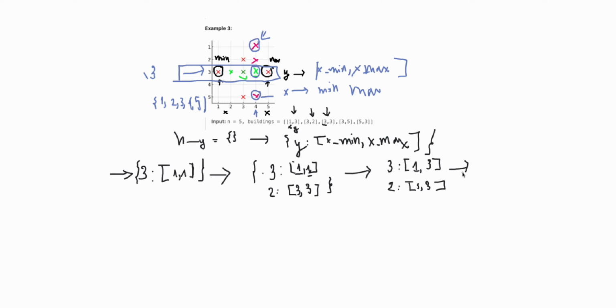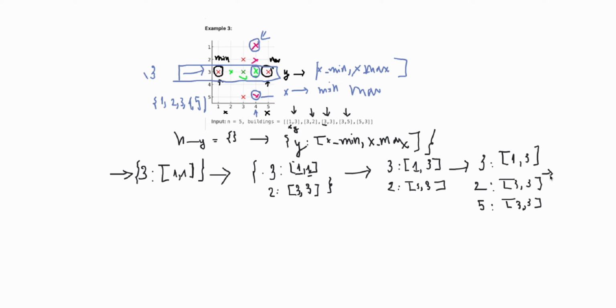Okay, so for now, next. This one we have y equal to 5, and here that is the 1 and 3. For the 2 we have the 3 and 3, and this one we also have the 5, 3 and 3 as well.